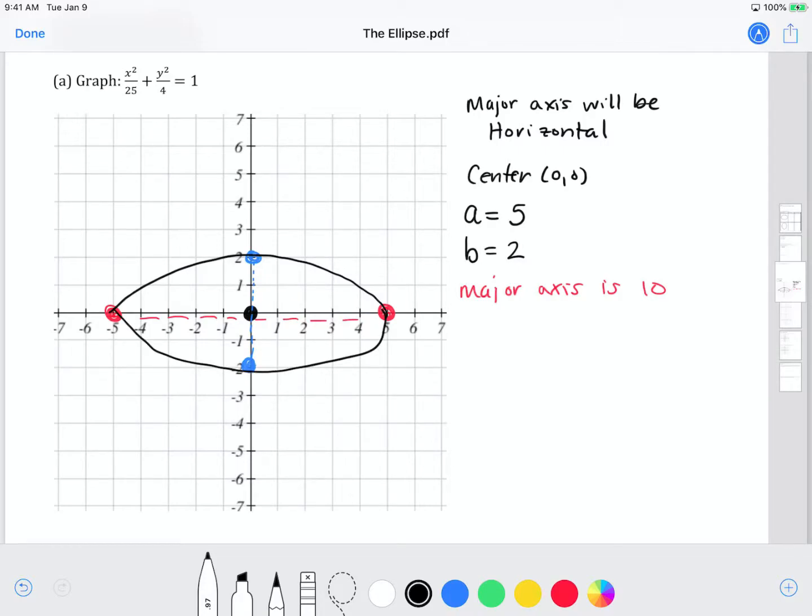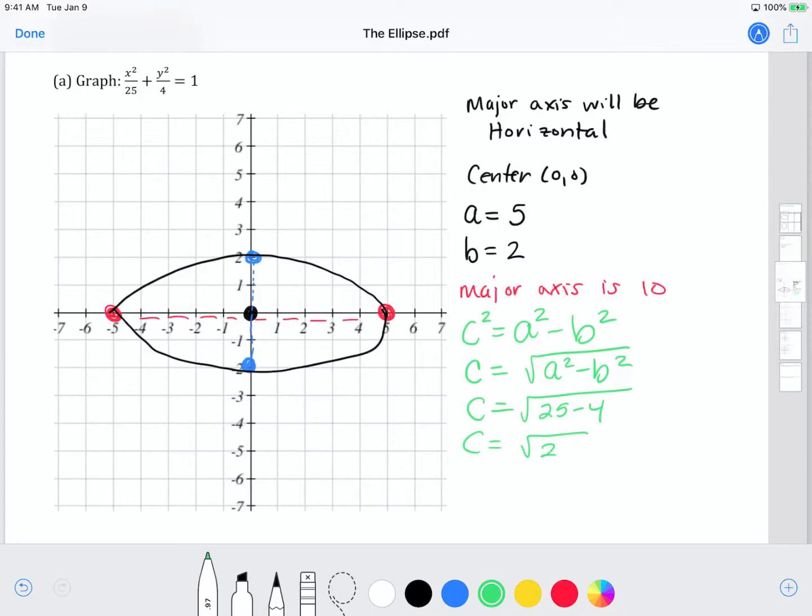Now, if in addition I wanted to find my focus point, I would use the formula c squared is equal to a squared minus b squared. So c is going to be the square root of a squared minus b squared. So I'm going to take the square root of 25 minus 4, which is the square root of 21.